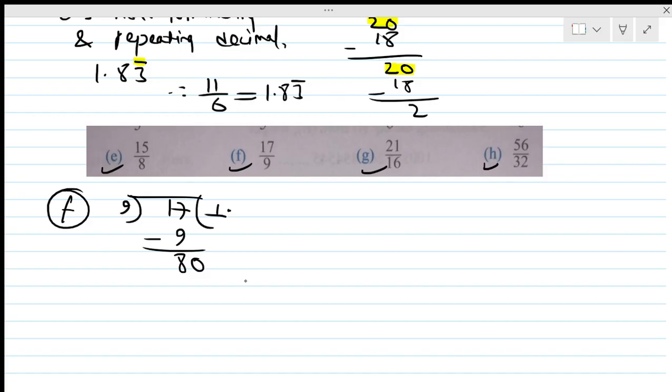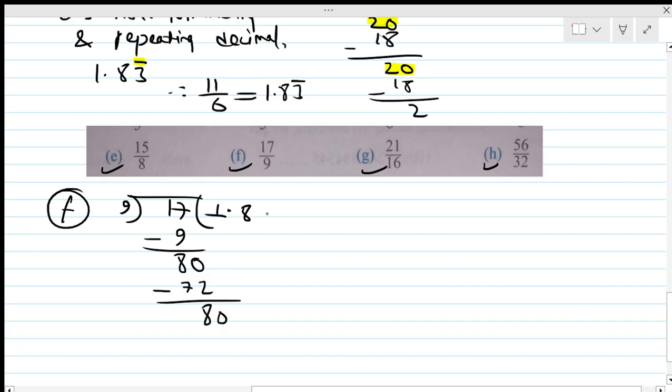Now 9 eights are 72, 8 times it goes. And again you subtract, and again you are reaching 8. So it's obvious that again you can keep 0 after that, and now again you get 9 eights are 72, and again you subtract and get 8 as a remainder. So you get 8 all the time repeated.